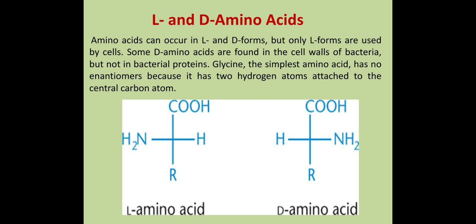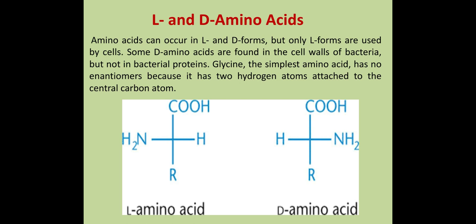Because of the asymmetry, the amino acids except glycine exist in two optically active forms, L amino acid and D amino acid. Those amino acids having the NH2 group to the left are known as L forms or L amino acids, and those having the NH2 group to the right are designated as D form or D amino acids.